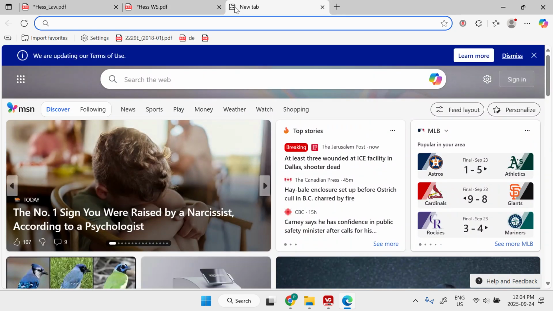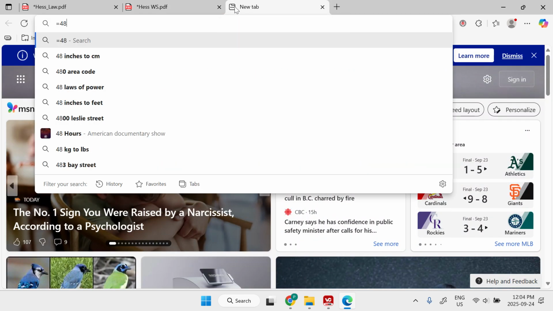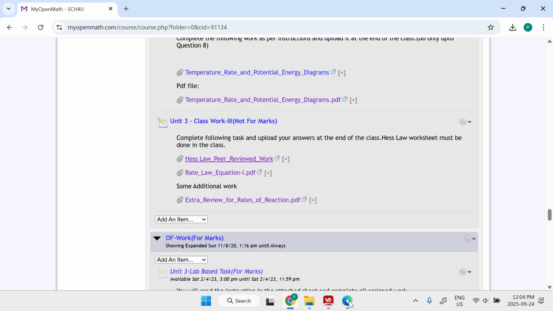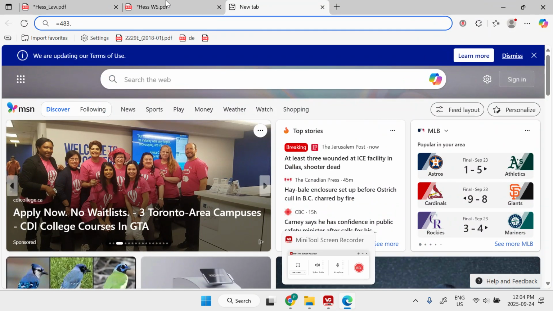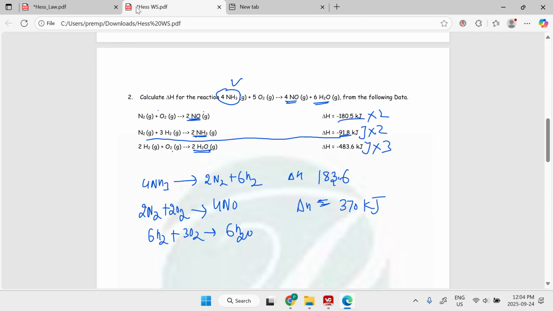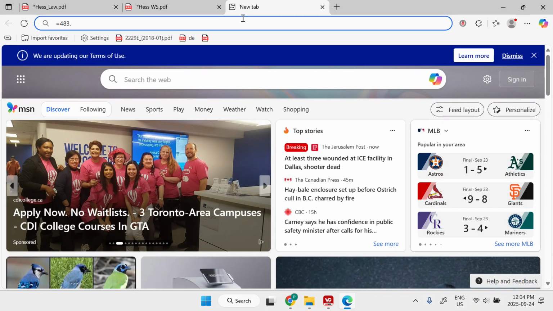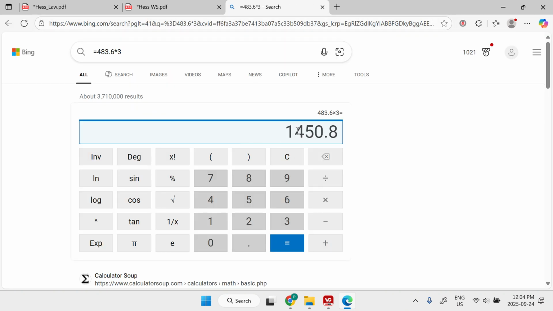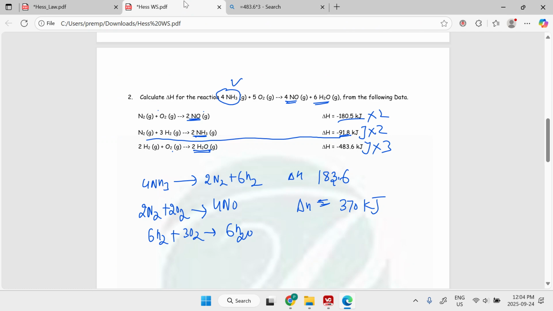So I'm going to say equal to 483.6 times 3. So let us see if it gives us some value. So 1450.8.